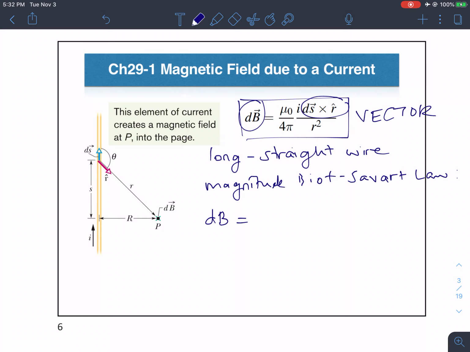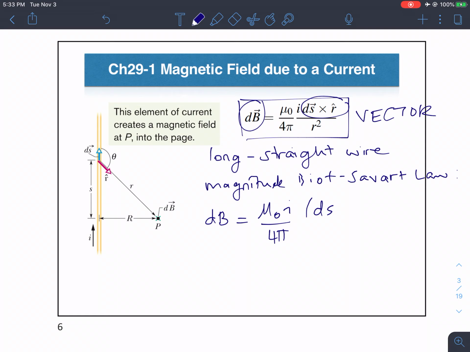Again, first thing we do is write this in magnitude form. So I have mu naught I over 4 pi, and the tricky part is ds cross r hat. We have the magnitude of the first vector, ds, and then the magnitude of the second vector.